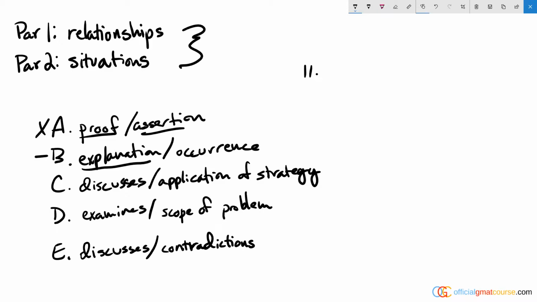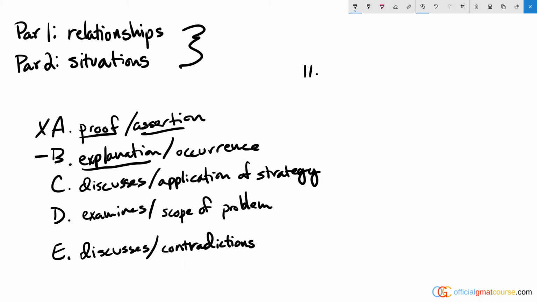So C says, the second paragraph discusses the application of a strategy proposed in the first paragraph. The application of a strategy. First of all, I didn't really like this on my first read, but as I tear into it, what is the application of the strategy? Well, it's describing situations in which you would use a supplier partnership. And if we focus on those lines in the first paragraph, starting with line 11, it says that companies should use these things to evaluate the feasibility of subjecting suppliers to competitive scrutiny.